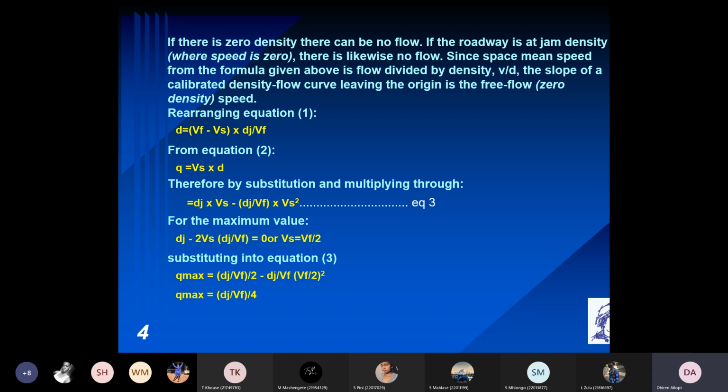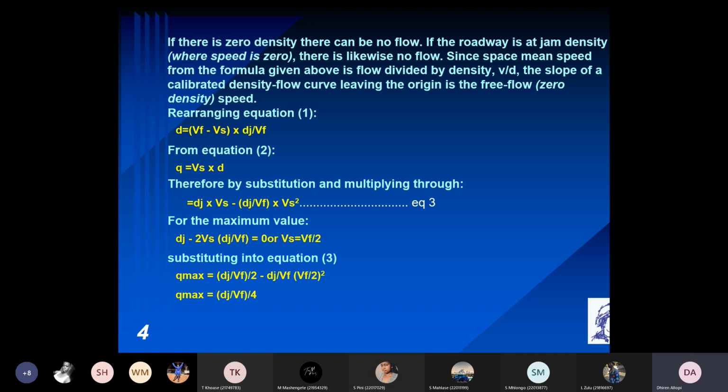Equation 3 relates your flow, Q, which is equal to Dj times Vs minus Dj over Vf multiplied by Vs squared. That V there is the speed at that point that you're referring to. And as we said previously, Dj is your jam density and Vf is your maximum speed or your free speed.